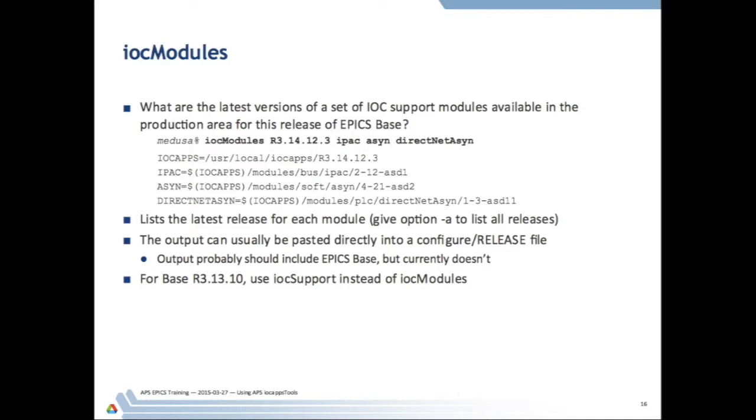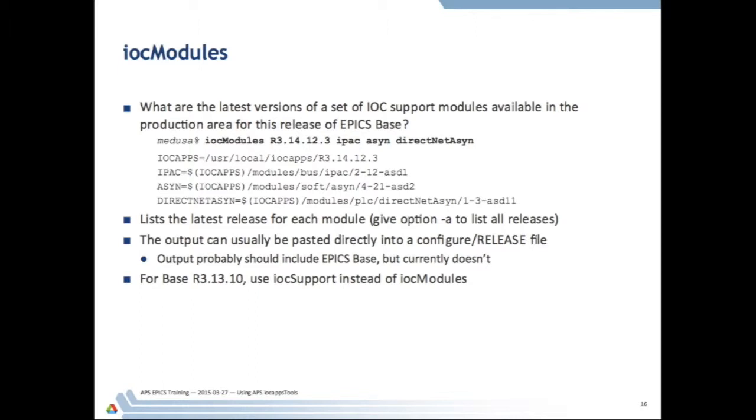So here I'm saying, I want to know what the latest versions of IPAC ASIN and DirectNet ASIN are, because I'm wanting to use those in a new IOC, say. So I run that, and it basically gives me, it prints up the IOC apps line, which is a useful shorthand, and then for each of the modules I've asked for, it tells me what the latest versions are.